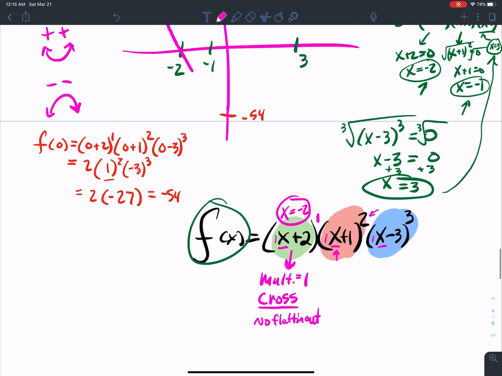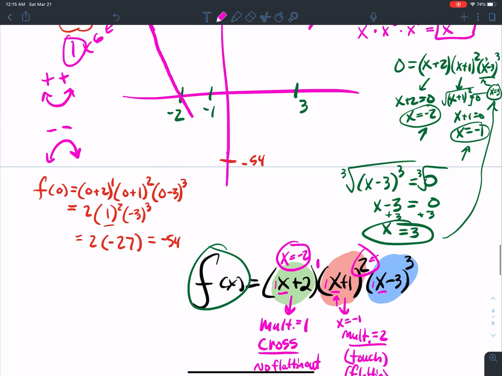Okay, for the next one, the 0 of x equals -1, I'll look at how many, there's 2, so the multiplicity is equal to 2. 2 is even, so I touch. 2 is greater than 1, so I do flatten out. So I flatten out and I touch.